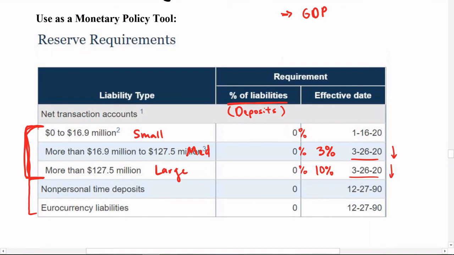They can be effective now, but going forward, this is not a tool that the Federal Reserve will be able to use. But also, just to give you a sense of scale, it used to be that banks with more than 127 million in deposits, which are many, had a 10% reserve requirement.